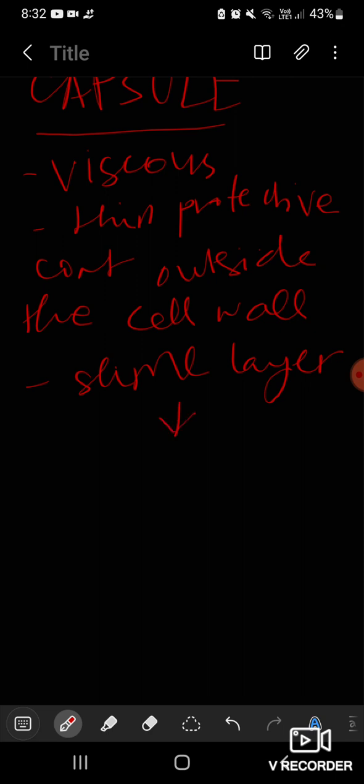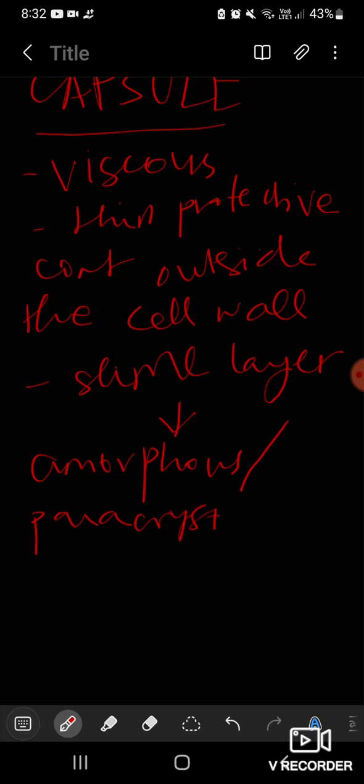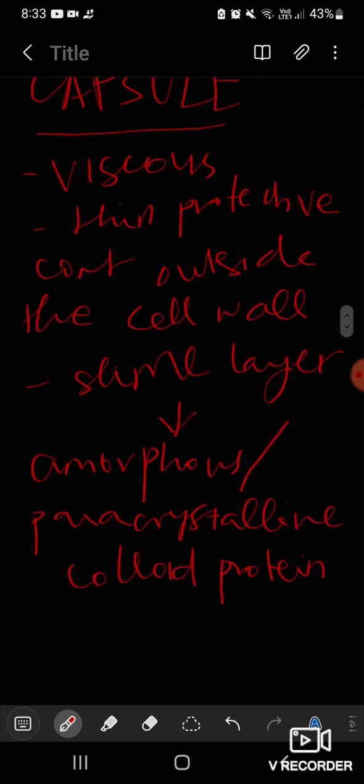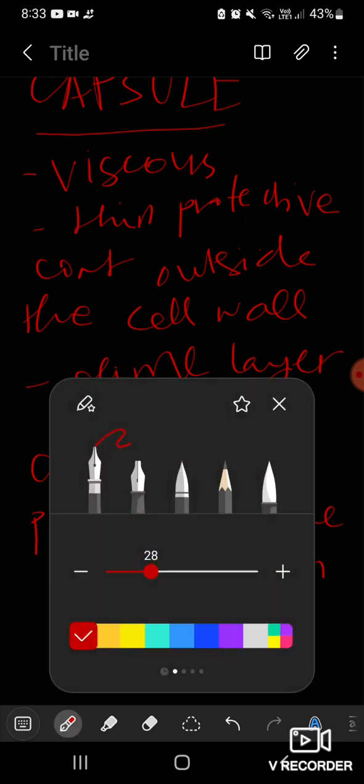So the slime layer is made up of amorphous or paracrystalline colloid protein, right? So that's what it's made of.